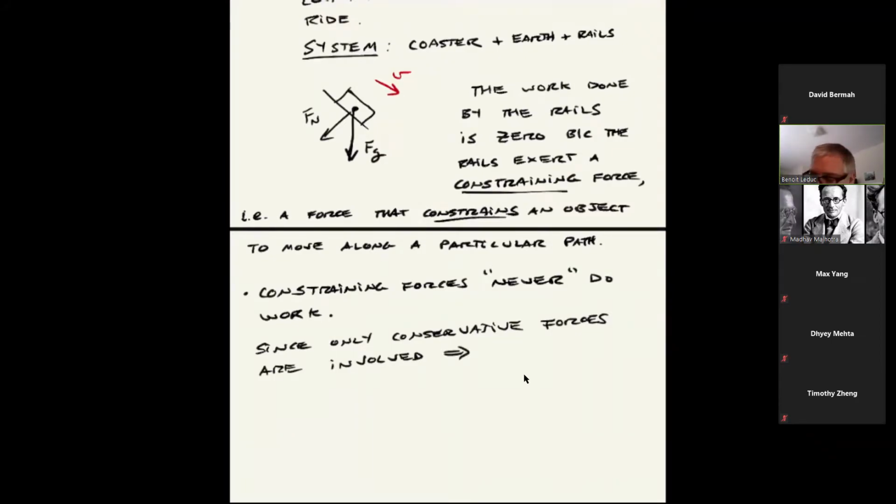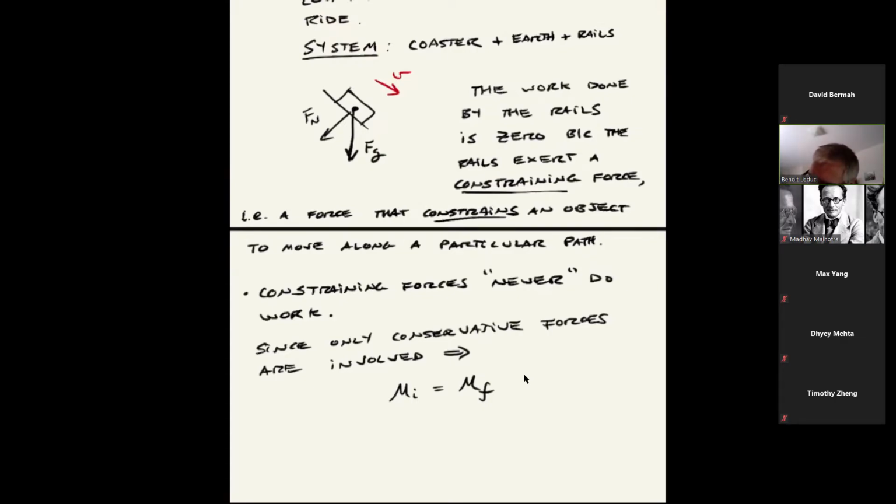The mechanical energy will be conserved. If you want to put it in delta K is equal to minus delta U, that's fine. Mechanical energy all throughout will be conserved.